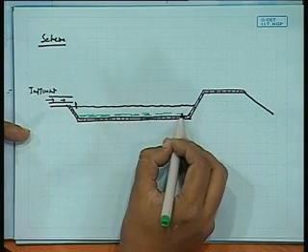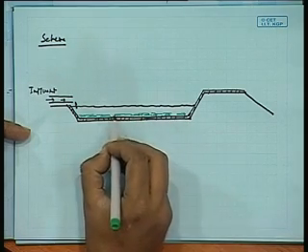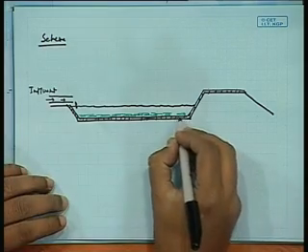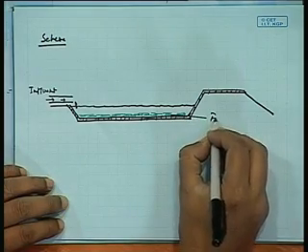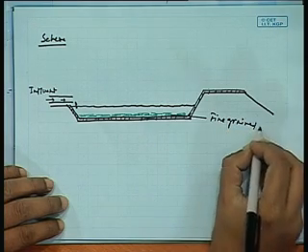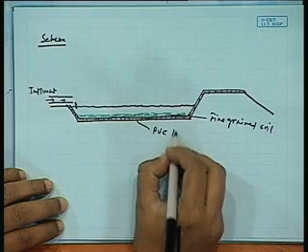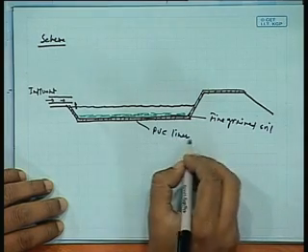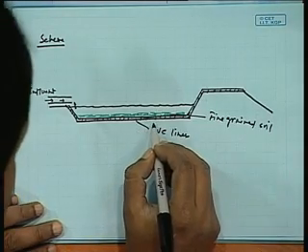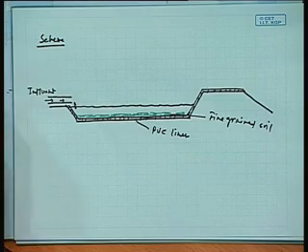If it is a designed wetland, we can find the fine grained soil, and a PVC liner, a non-reactive liner, certainly non-reactive, it should not react with the wastewater. This is the fine grained soil.